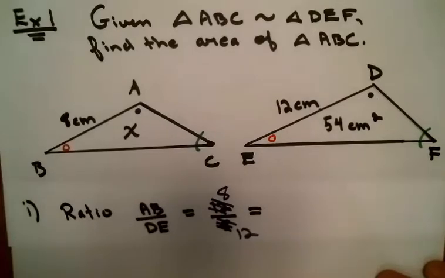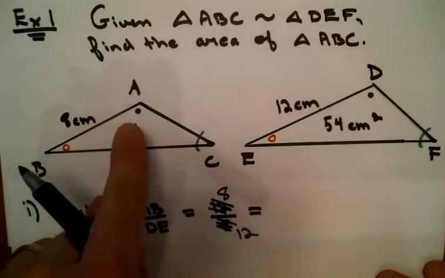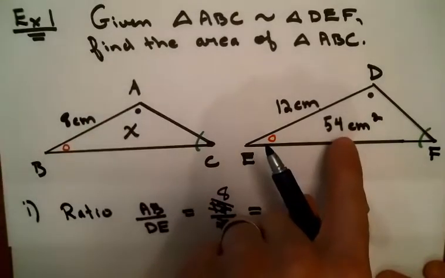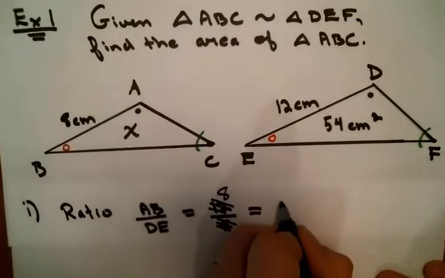You'll probably find that the area of the smaller triangle later on would end up being bigger than 54, which doesn't make sense. So I naturally made this error, but at the same time, I'll point out that it's important to try and stay on top and make sure these things are accurate so that the final answer is indeed correct. Okay, so ratio AB over DE is 8/12, which we can reduce down to 2/3.